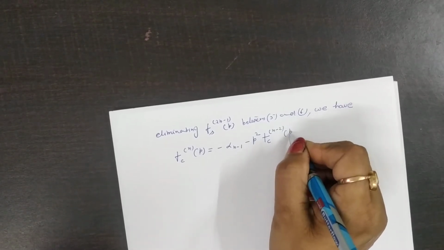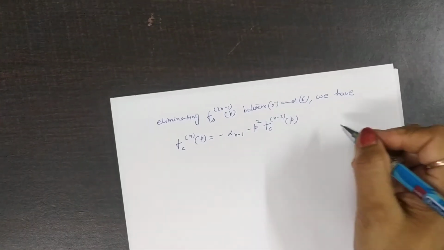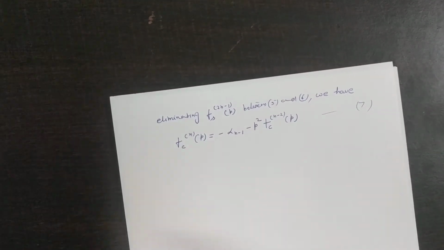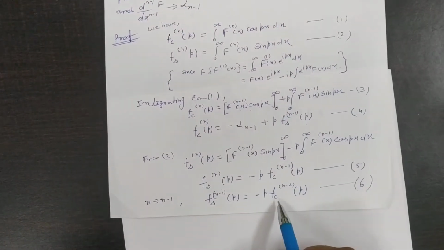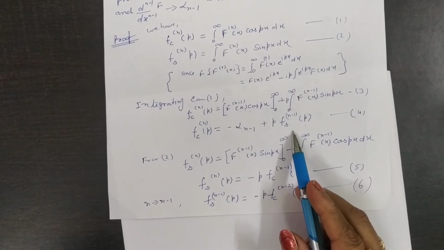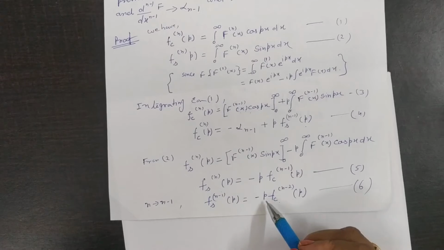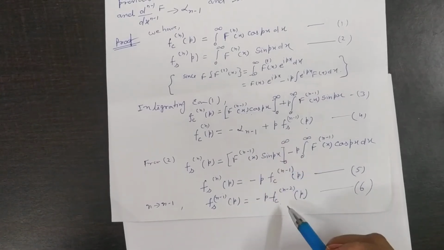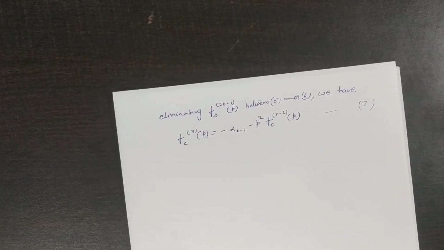Yes, clear? This equation is 7. Substituting this in this equation, so in place of this it is p square, and F_c n minus 2. Students, clear?